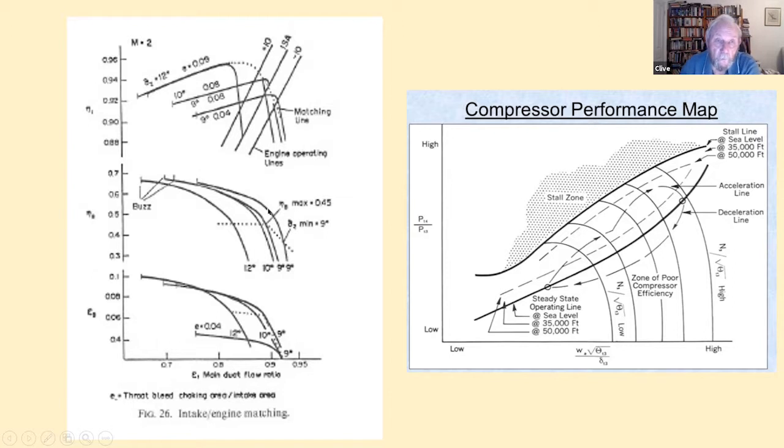And what you find is these are varying ramp angle, which varies the actual capture. But we also have on there varying values of the bleed airflow. This 0.04 is the ratio of the choke and bleed area in the wind tunnel to the intake area.